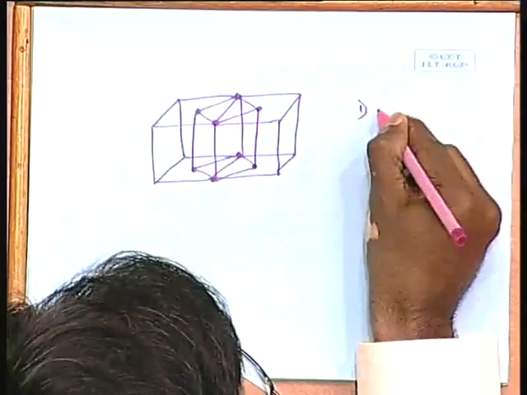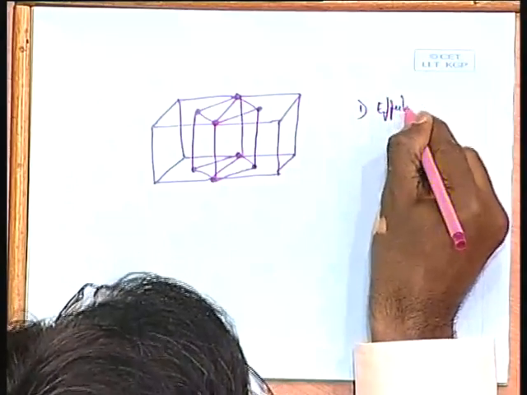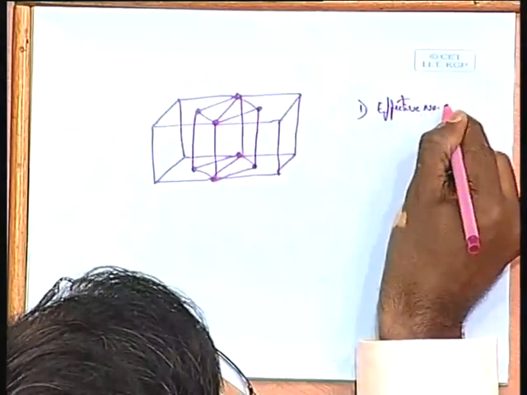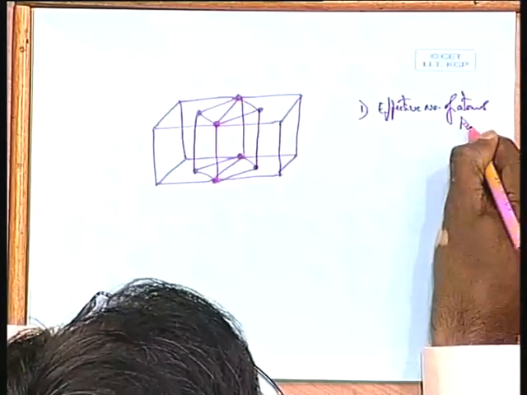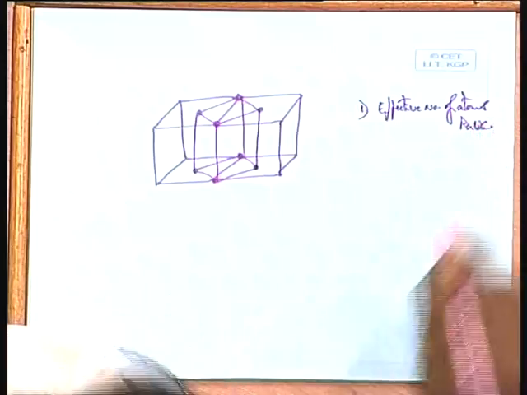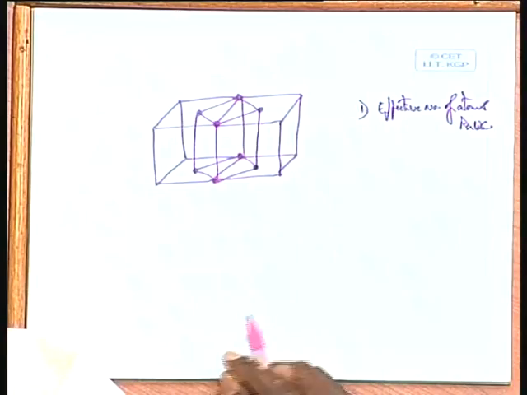This is very crucial. To define which unit cell is to be chosen among the unit cells available, there are 3 criteria. One is the effective number of atoms per unit cell. If I take base centered cubic, the number of atoms would be how many per unit cell? 2.